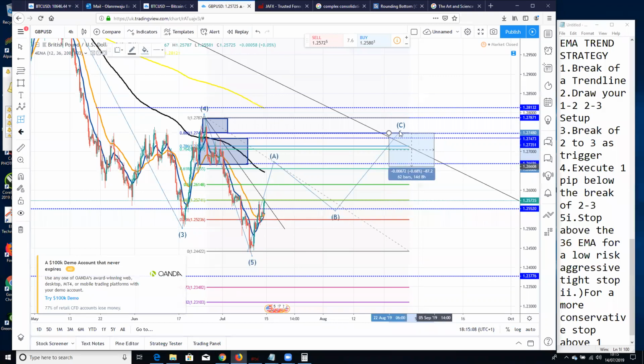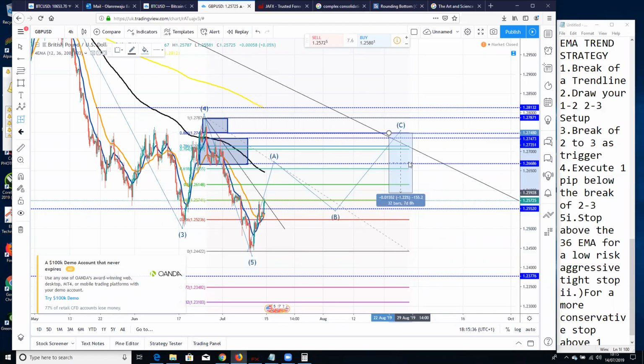If price breaks back into this trend line, then it's much better for me. At the back of about 66 pips worth of stop, we're seeing about 200, 66, 120. We're seeing a little bit over 2-to-1 risk reward ratio.